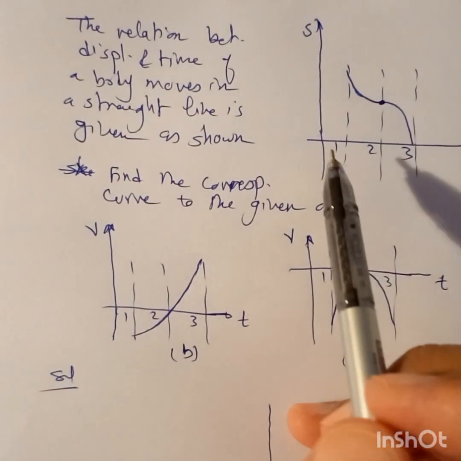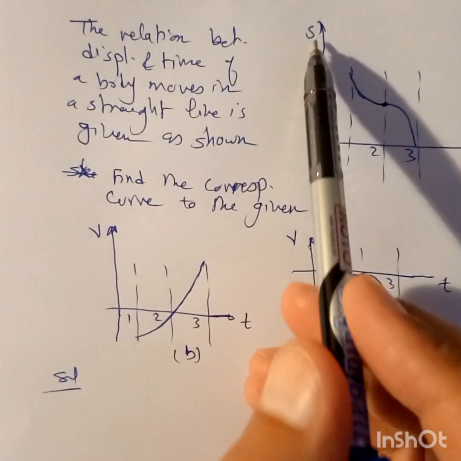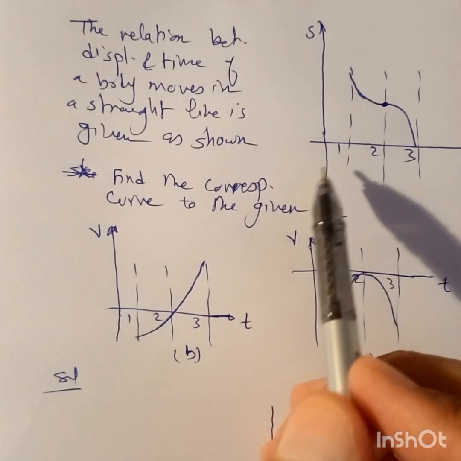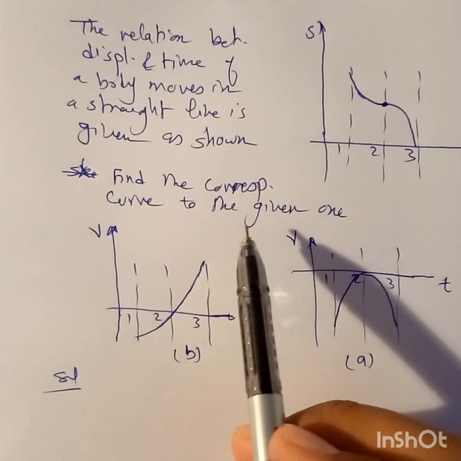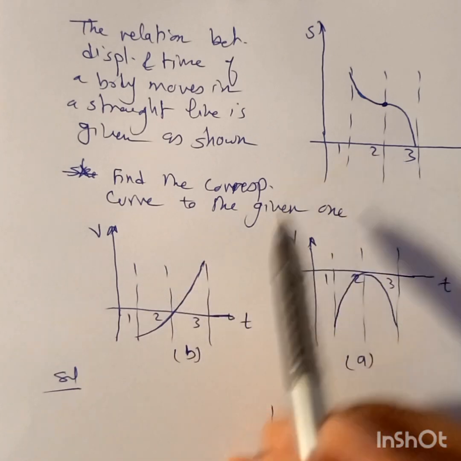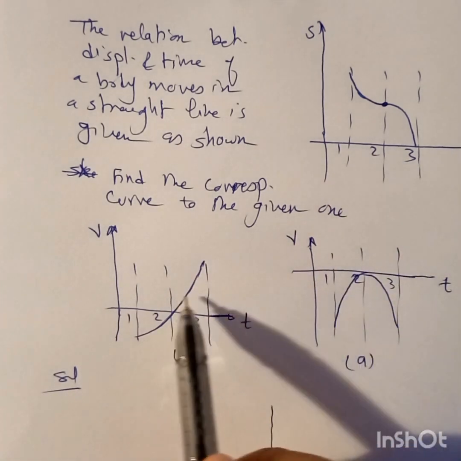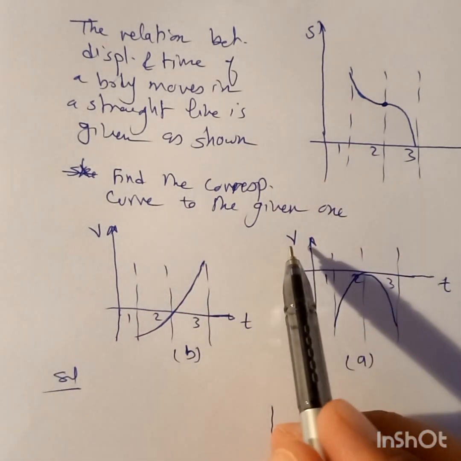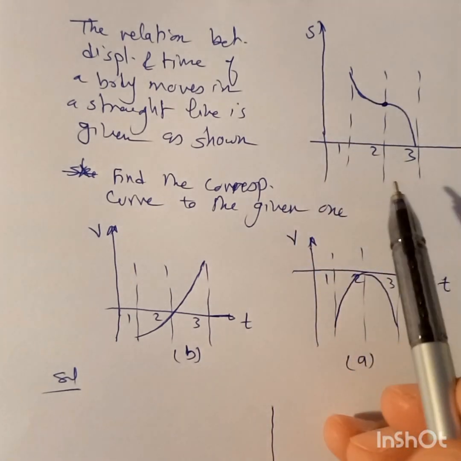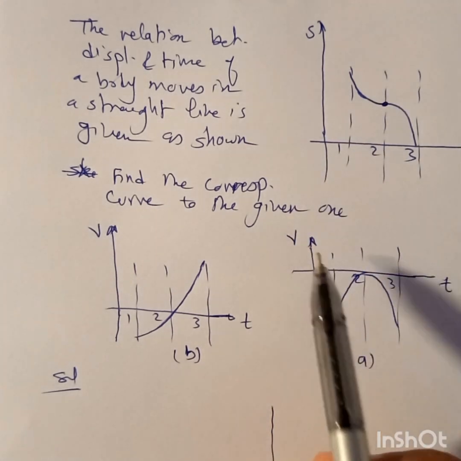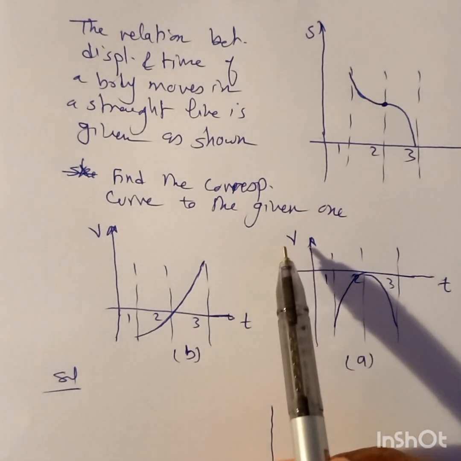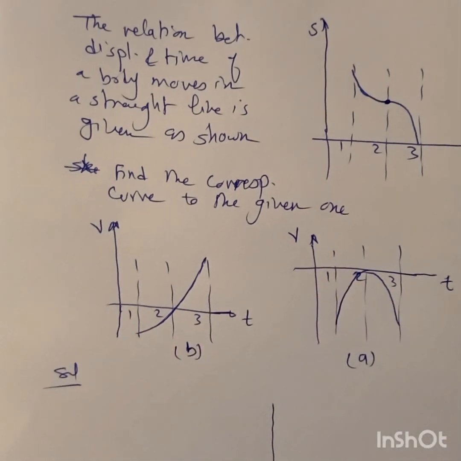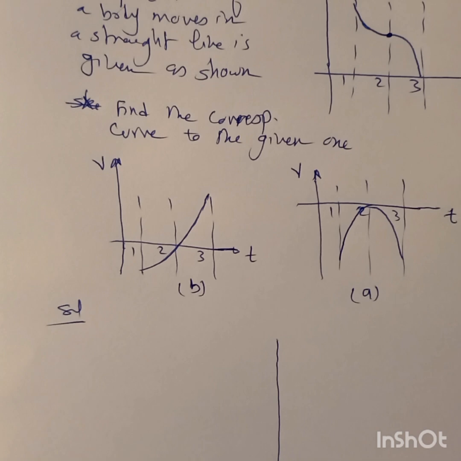We have another example. In this curve, we have the relation between displacement and time of a body that moves in a straight line, as given in this curve. Find the corresponding curve to the given one. From the two given curves we have a relation between s and t. It's required to find the corresponding one with the given curves of the relation between v and t of this body, which is moving in a straight line.